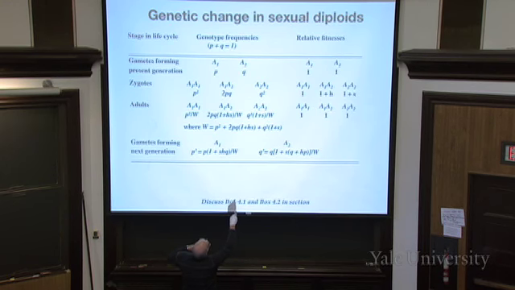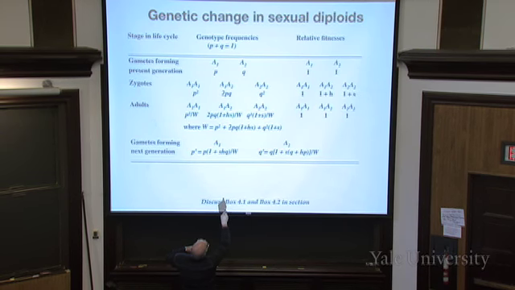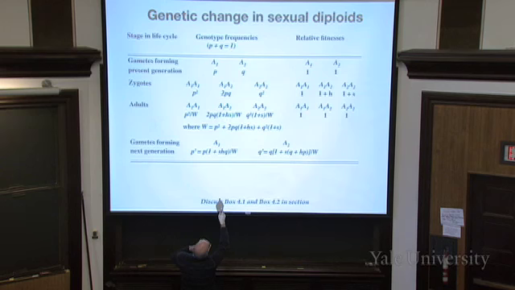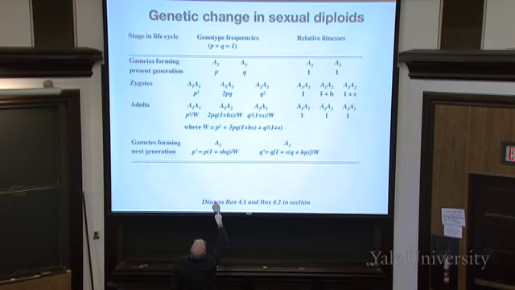So q is changing the most, and to the degree that A2 can be seen in the heterozygote, it will also be affected by s, but it won't be affected if there is complete dominance, okay? So if H is 0, there's no effect of selection on the heterozygote. This term cancels out. The result of that is that you get these frequencies forming the next generation.